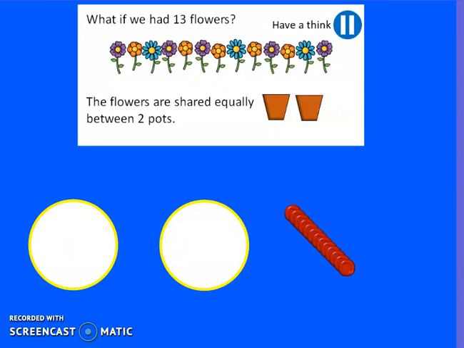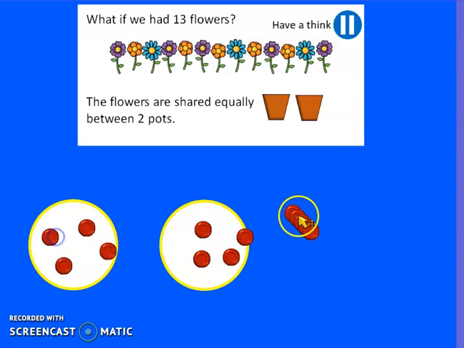What would happen if there were 13 flowers instead of 12? Draw your circles again and let's share 13 flowers out now between the 2 pots and we'll see what happens. 1, 2, 3, 4, 5, 6, 7, 8, 9, 10, 11, 12, 13. 13's an odd number, isn't it?